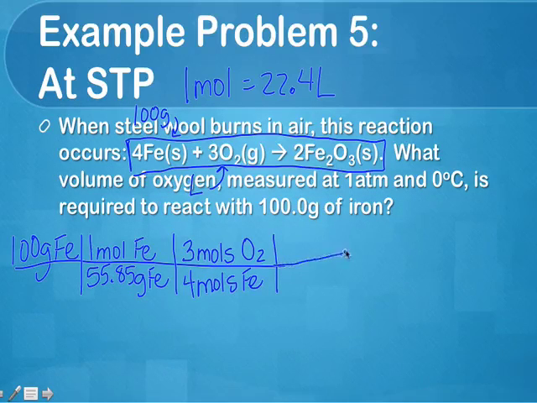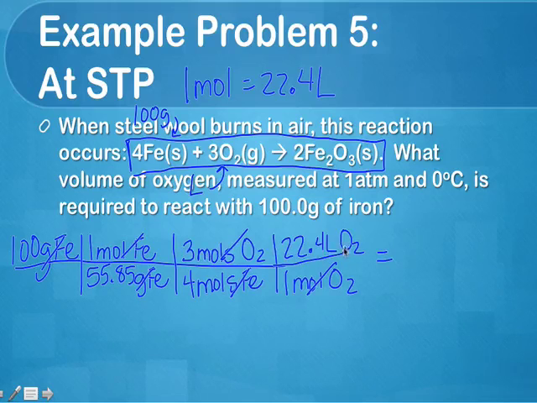And then they don't want grams of oxygen, which is where you would be used to going. They want liters of oxygen. So that's where we use Avogadro's principle. Every 1 mole of oxygen at STP has a volume of 22.4 liters. So I've canceled my grams of iron, my moles of iron, my moles of oxygen, and I'm left with liters of oxygen, which is what they asked me for.